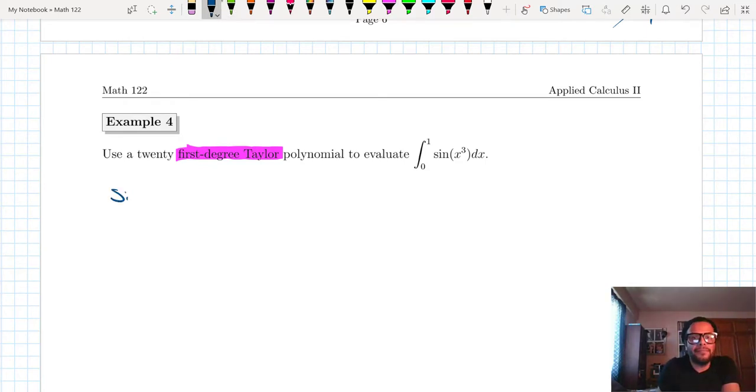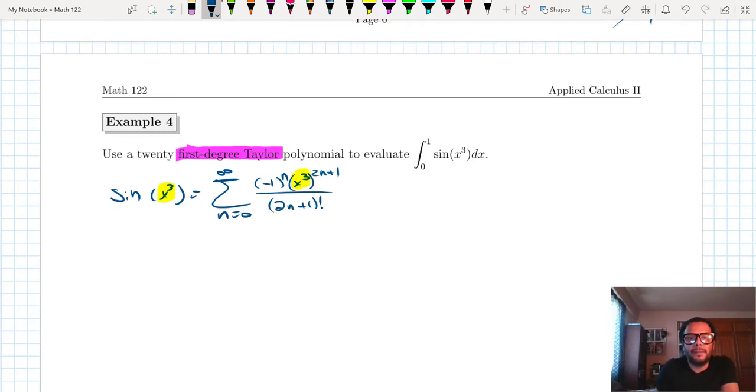So sine of x cubed is the same as saying sigma n equals 0 to infinity of -1 to the n x cubed to the 2n plus 1, where in this case what I'm highlighting is the u. Okay, and divided by 2n plus 1 factorial.